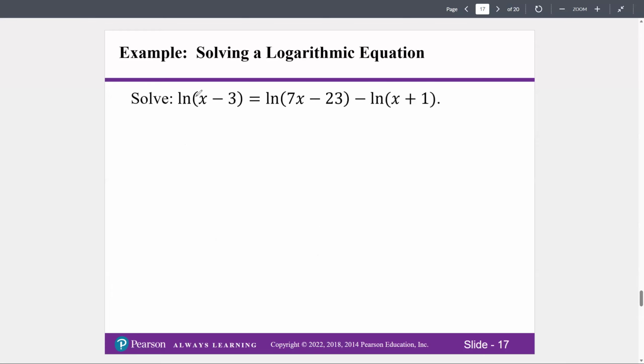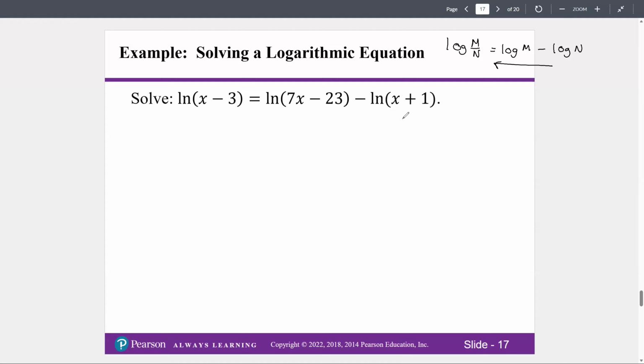We've got to watch out and make sure that everything is defined. So if I have log of x minus 3 is equal to log of 7x minus 23 minus log of x plus 1, remember that we have this property that said log of m divided by n is just log of m minus log of n.